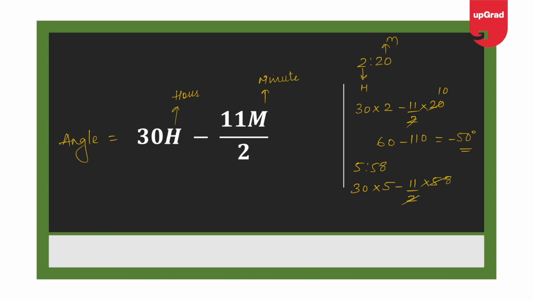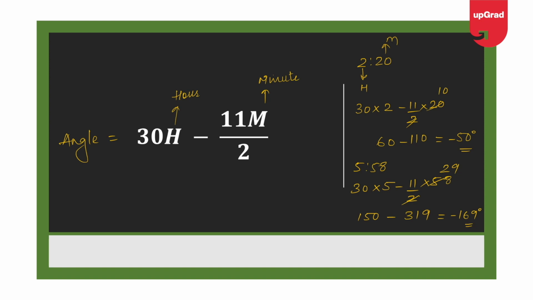Upon cancellation, this gives me 29. 30 into 5 is 150 minus 319. So when we do the subtraction, I end up getting minus 169 degrees. Now remember, this minus sign is actually telling you the direction in which the angle is measured. Angle cannot otherwise be negative.